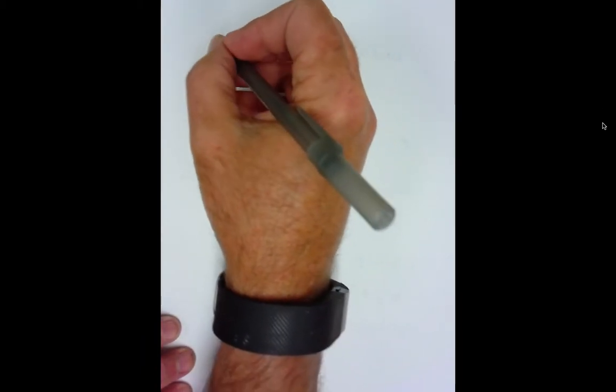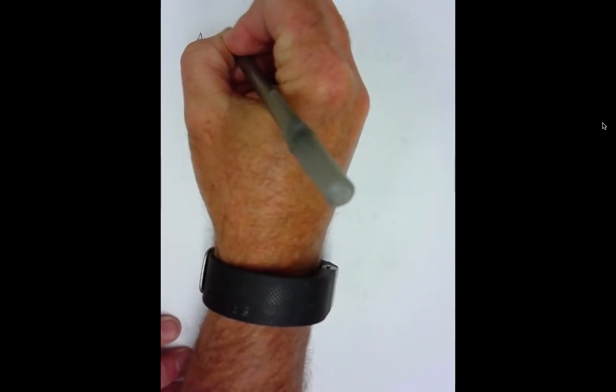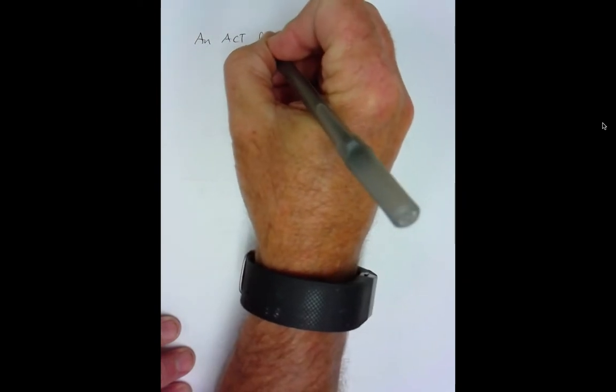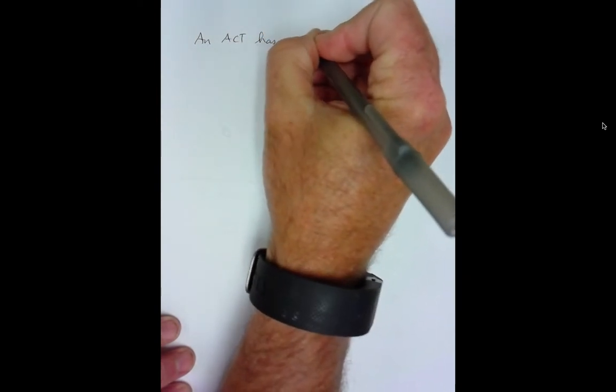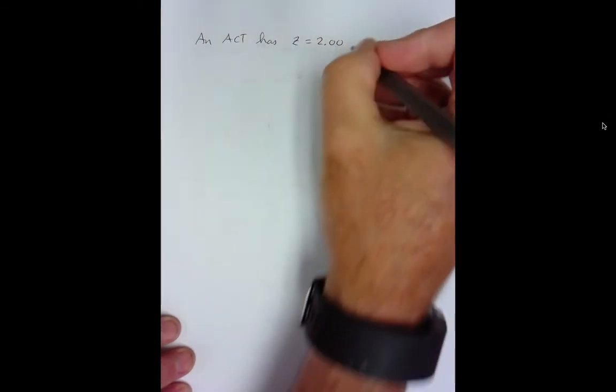Now, let's say that we have the following. An ACT has z equal to 2.00.